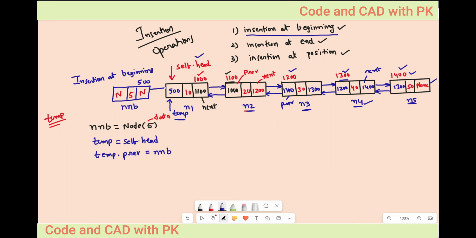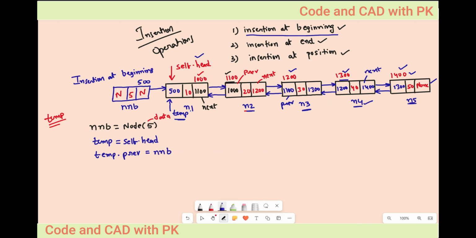Now one link is formed. But what happened at NNB dot next? Here it is none. NNB dot next is none. So now I will change this none with the address of the corresponding node.